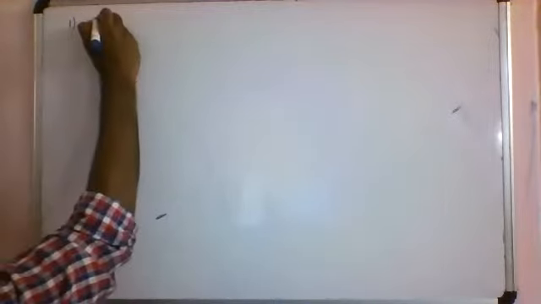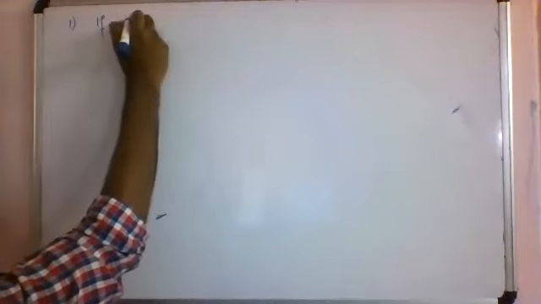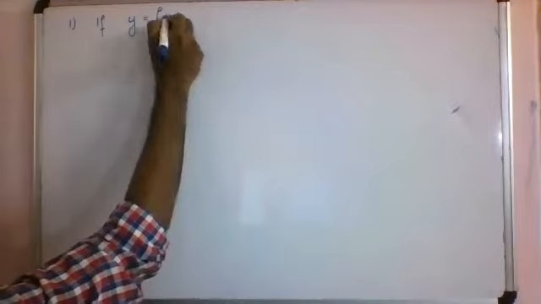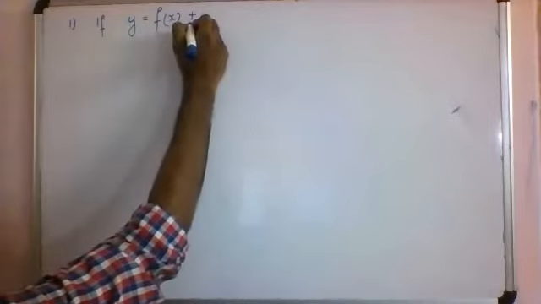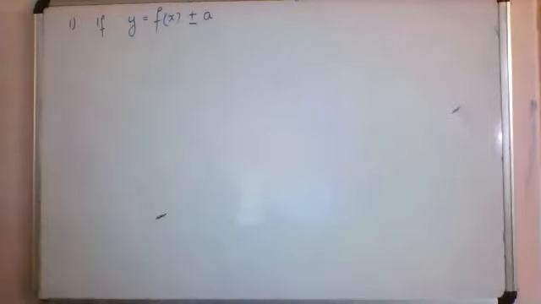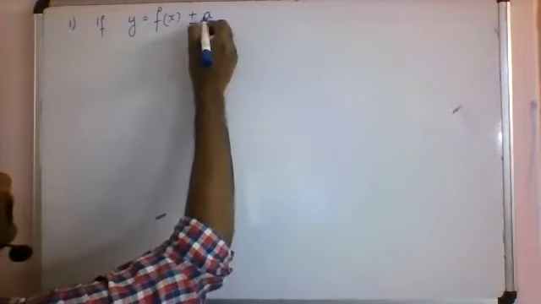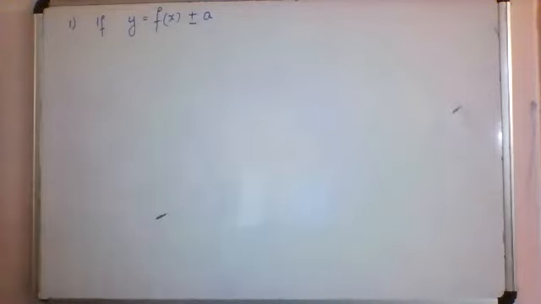And here the first one is when y is equal to, you take any function, plus or minus some a. Let us suppose in all these cases a to be positive, because I already mentioned plus or minus. So take a as positive.